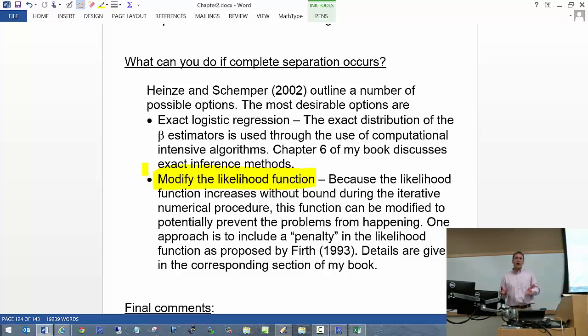Well, why do you necessarily have to use the regular old likelihood function to find estimates? Maybe you could use what's called a penalized likelihood function, which essentially penalizes the likelihood function for getting too big. And you can come up with estimates from a penalized likelihood function approach.